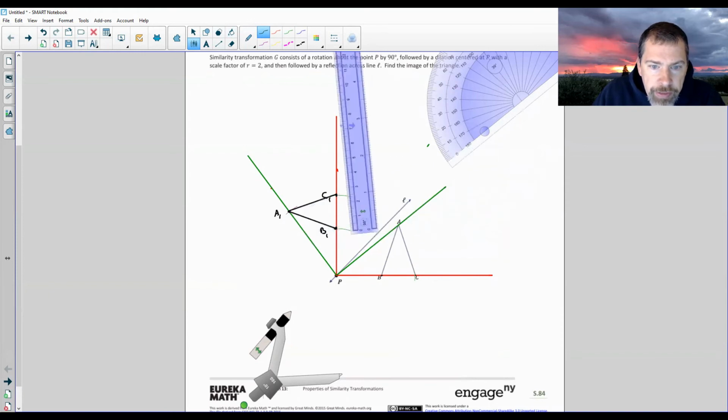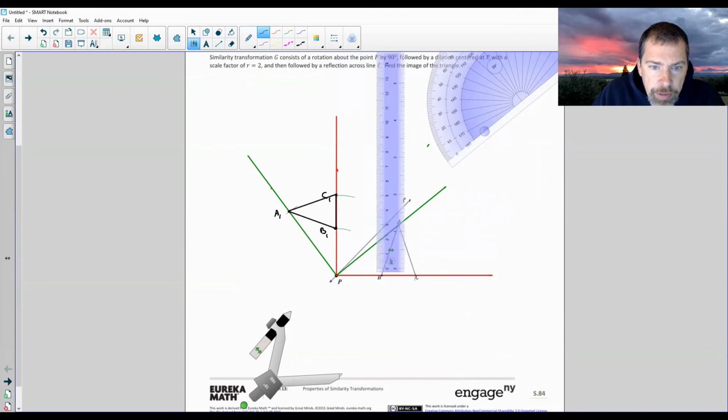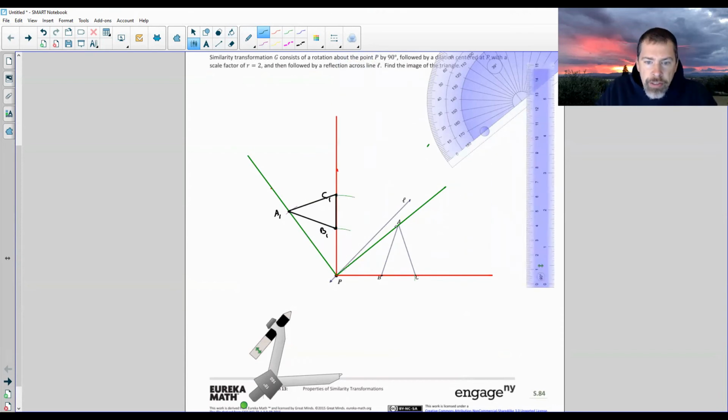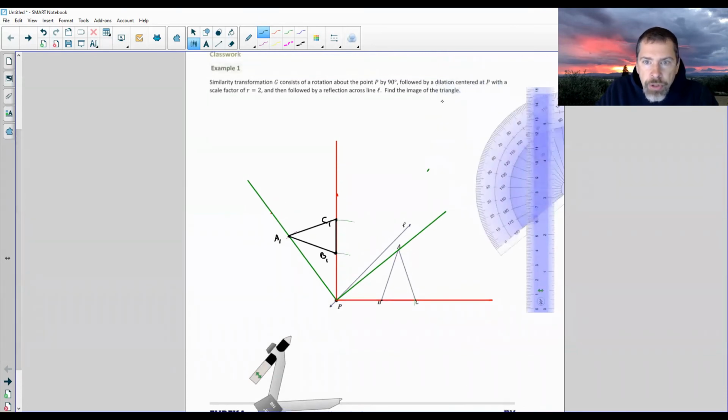And then finally, put it here and make a segment B1, C1. So there is triangle ABC rotated 90 degrees. Step one. Okay, so rotated about point P by 90 degrees, check.